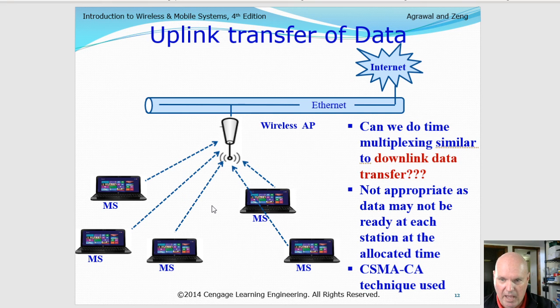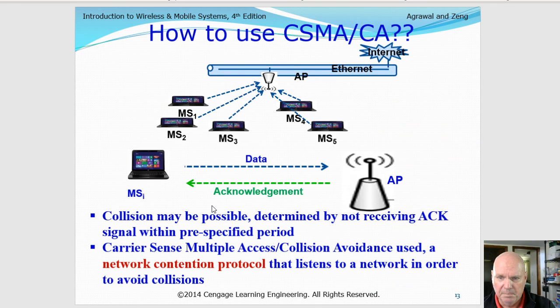You can still have a collision if two mobile systems are listening and decide that the network is free and that they can transmit. They could still transmit at the same time, and then you would have a collision. In that case, the mobile systems determine that there was a collision because there's a lack of an acknowledgement from the access point.